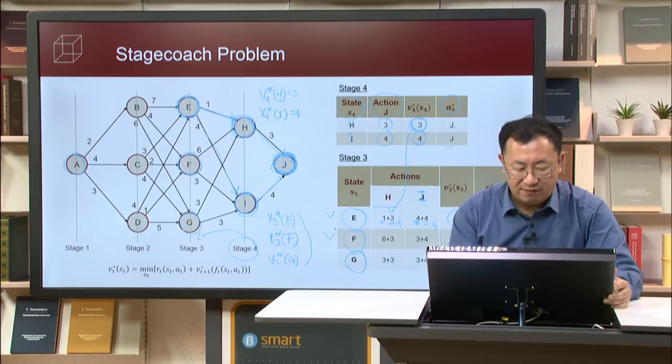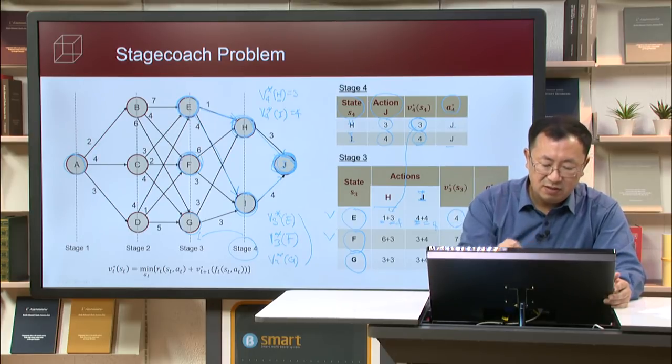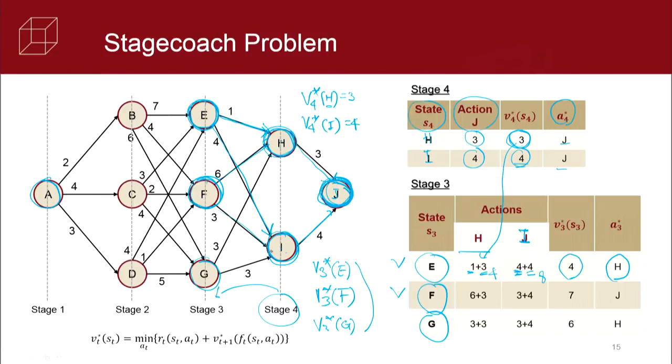And if you think about F, you have two options, H or I. If you choose H as an action for the current state F, the immediate cost is 6. It takes 6 days to get to H from F. And then you already calculated the length of the shortest path from H to J, which is equal to 3, so that is 9.